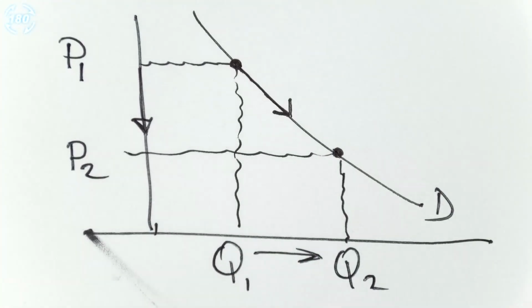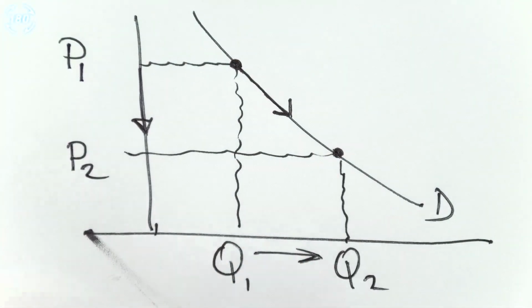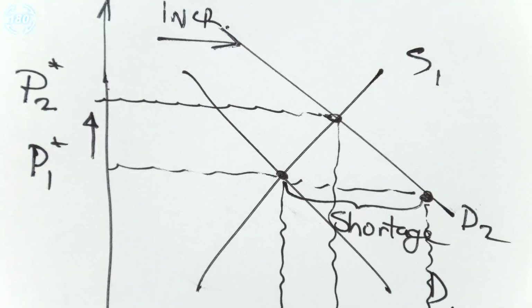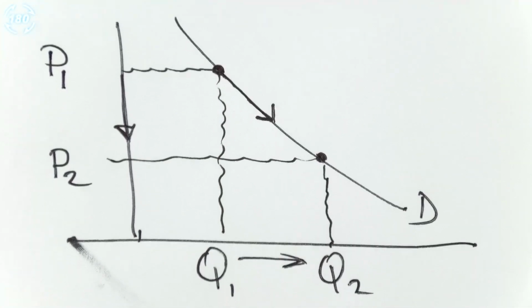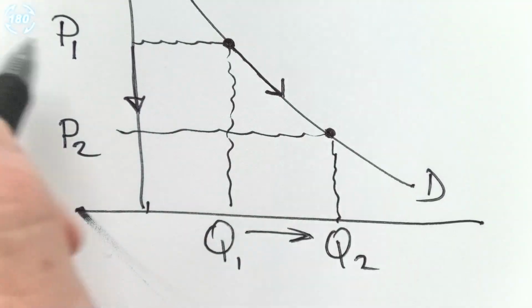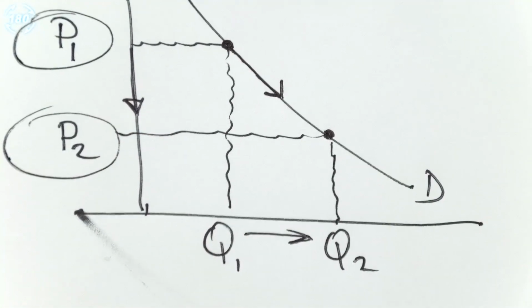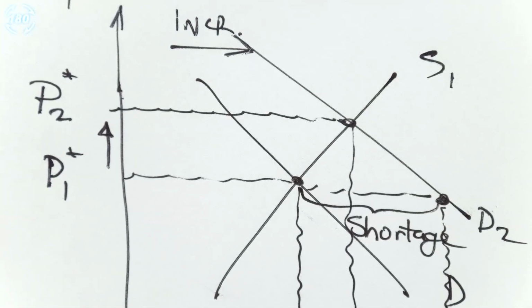Now in this case you have an increase in quantity demanded of gasoline. This is an increase in demand for gasoline. Notice when there's an increase in quantity demanded for gasoline, the price goes down. When there's an increase in demand for gasoline, the price does what?